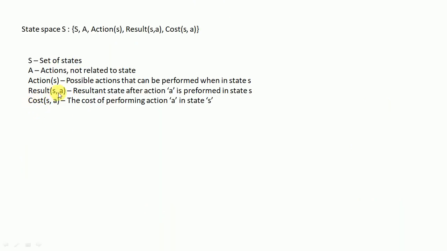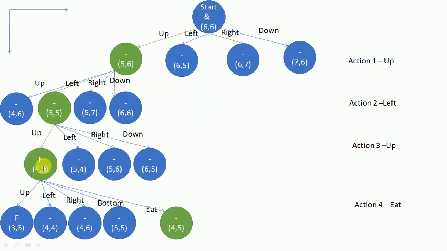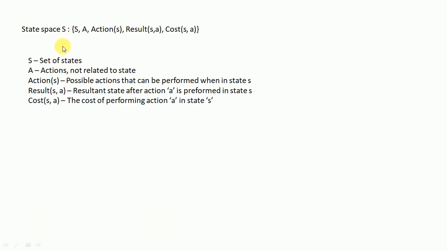Now what is Result(s, a)? That is nothing but after an agent performs an action a in state s, he will be taken to some resultant state, right? Then there's also a cost of performing an action in state s.